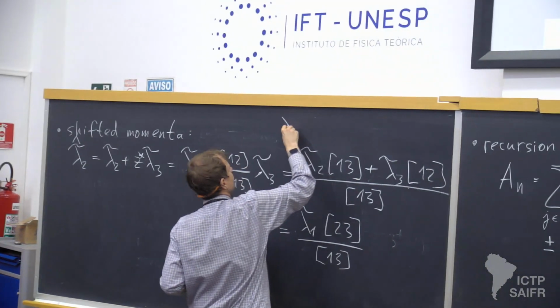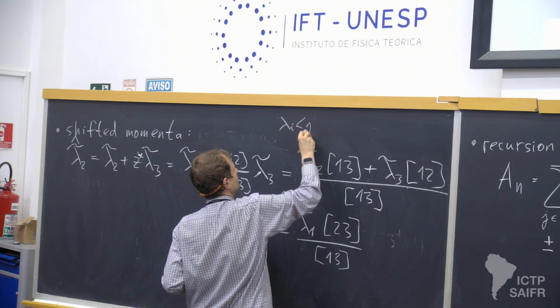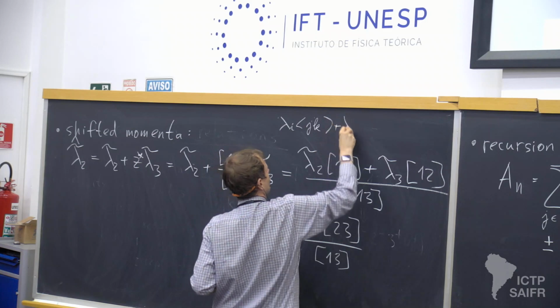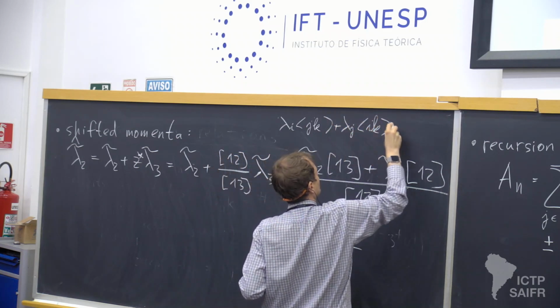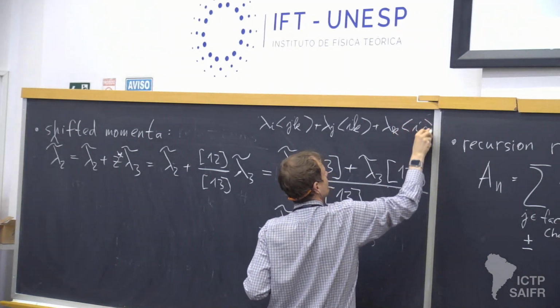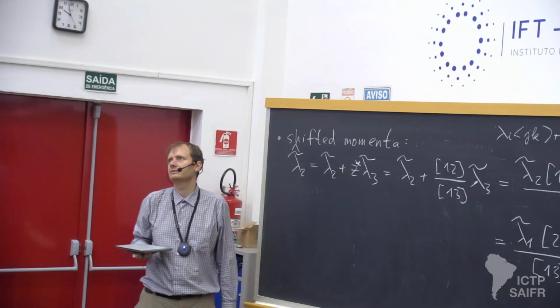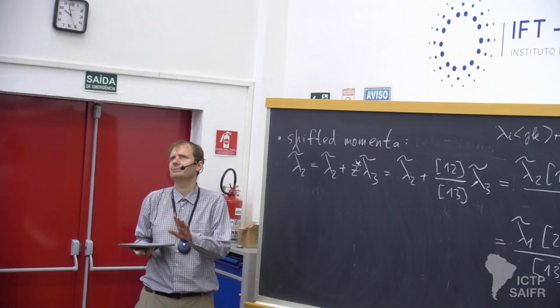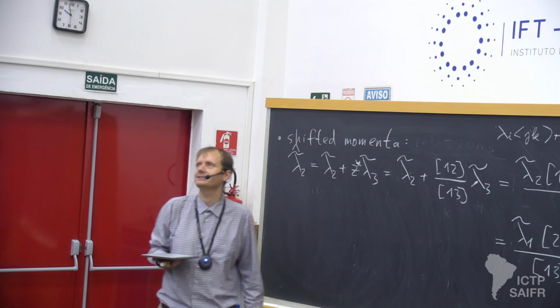In general, if you have lambda i with tildes or without tildes, it doesn't matter, jk plus lambda j ik plus lambda k ij, they sum into 0. It's a property just of a two-dimensional vector with some plus minus signs. I am very sloppy about the signs here.